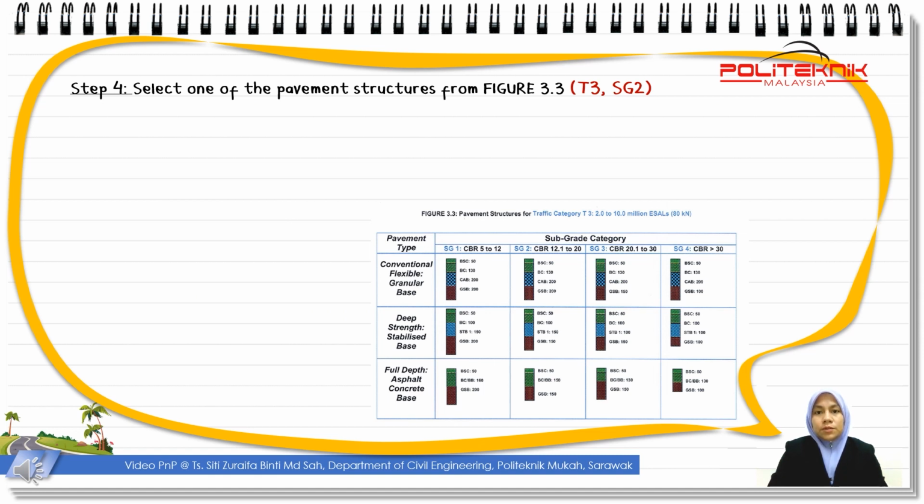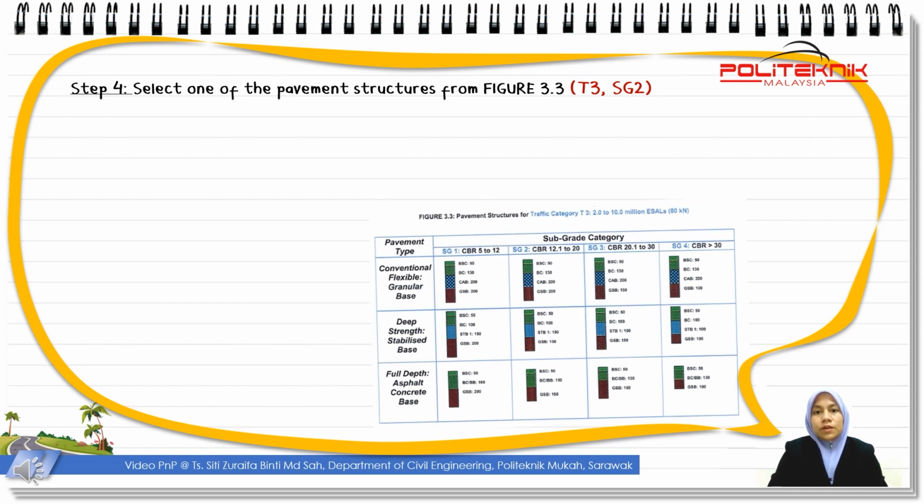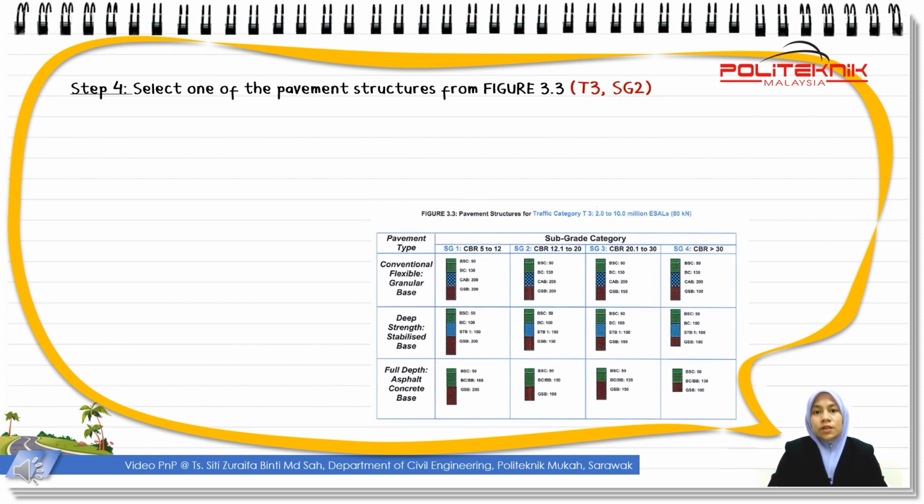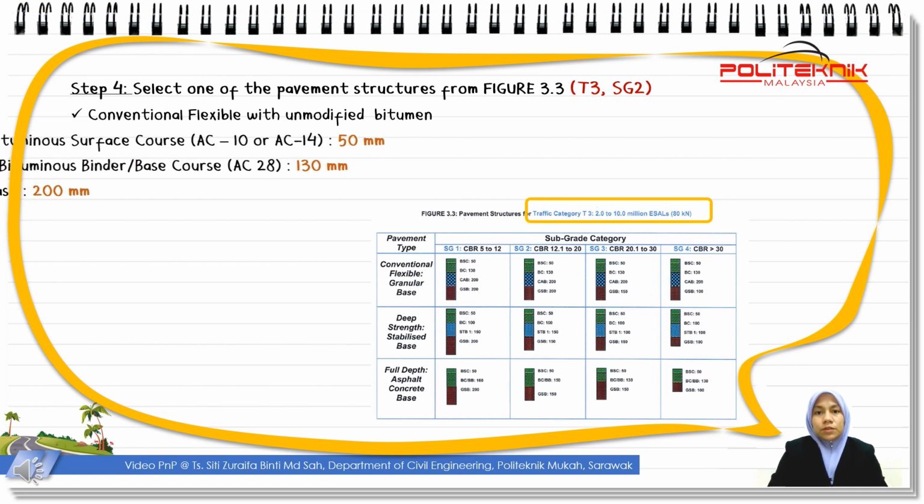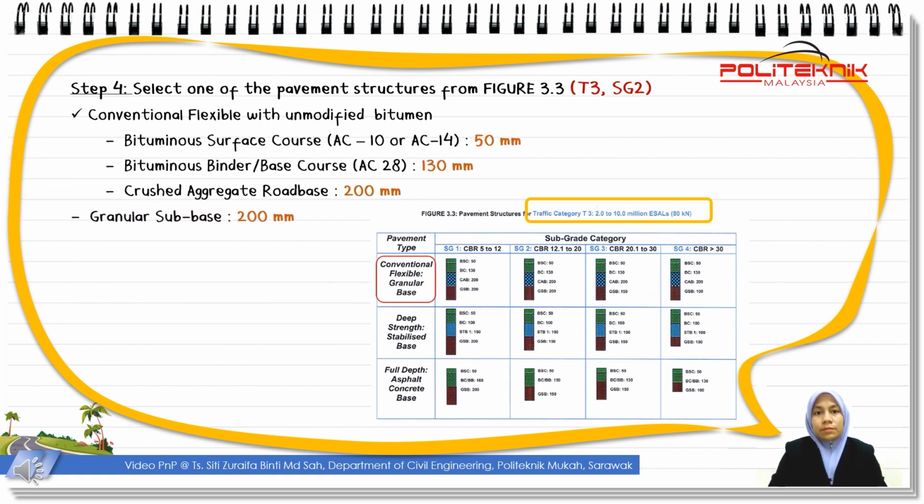Step 4. Select one of the pavement structures from figure 3.3 based on T3 and SG2. If you consider conventional flexible with unmodified bitumen as the type of pavement, for the first layer, bituminous surface course AC10 or AC14 is 50 mm.